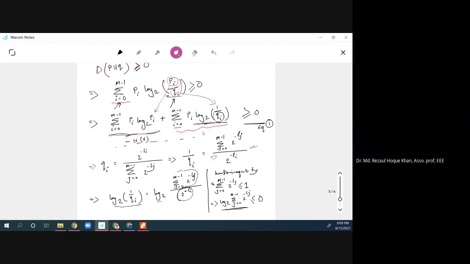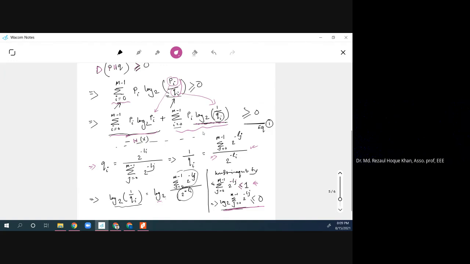From the Kraft inequality, we know that this is the condition. If the sum of 2 to the power minus L_j, where j equals 0 to m minus 1, is less than or equal to 1, the log2 of this will be less than 0. It will be a negative value actually. That's something we know definitely.